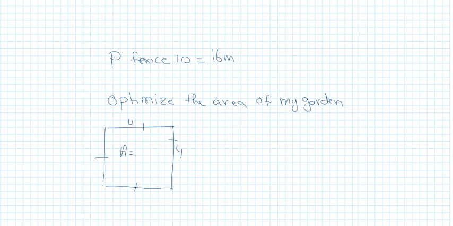Give me another case that gives you 16 meters of fencing. How about if I make it 5 by 3? Because 5 and 3 is 8, and 8 and 8 is 16.